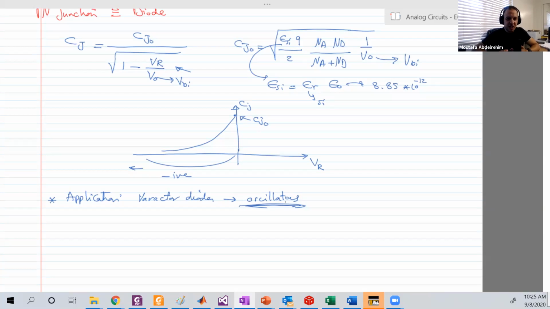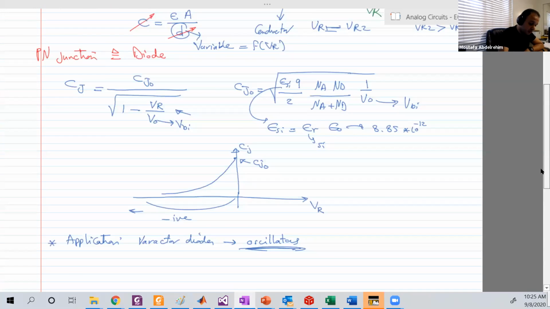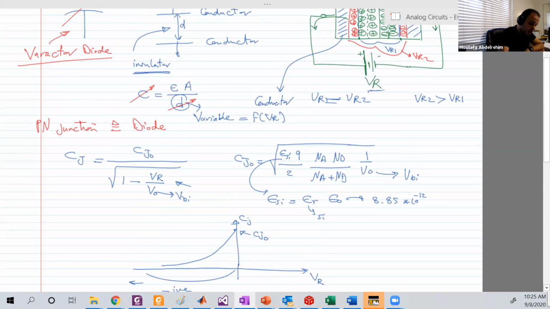Usually, what's really easy is to change the value of the capacitance, and thanks to the Varactor, by a small change using the knob in this function generator, you actually change VR. You are changing this, so the junction capacitance is changing. So we can change the frequency of the output signal.